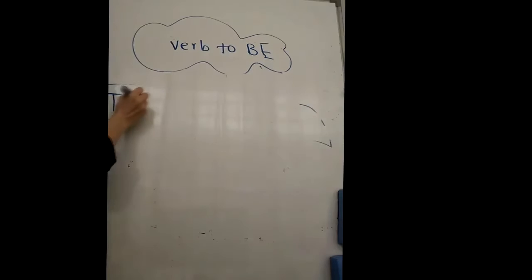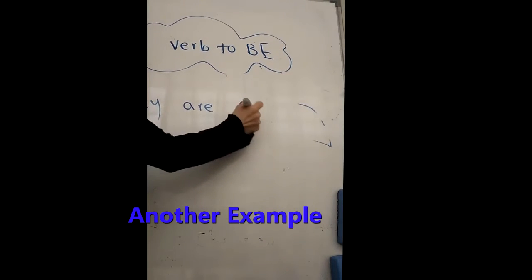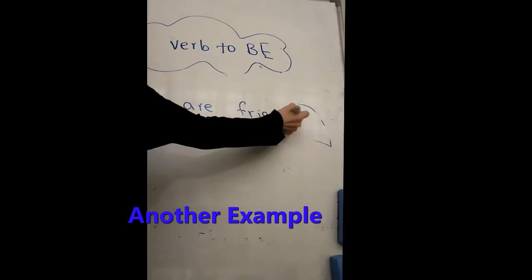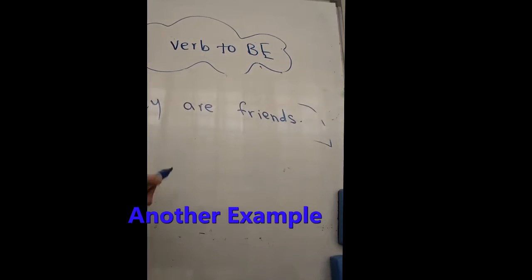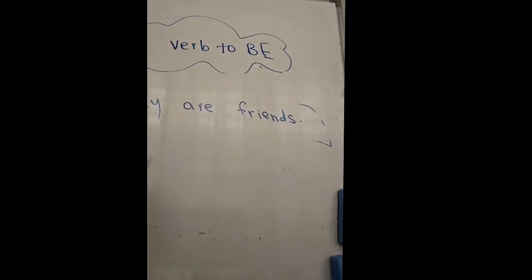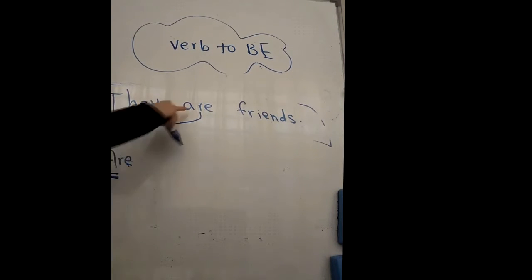That's it. We are friends. Okay? Full stop. Remember that. They are friends. If you want to make the question, we start with are. Make sure you capitalize A, okay? Because it's at the beginning of the sentence.